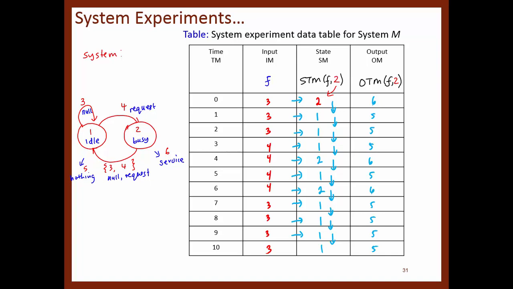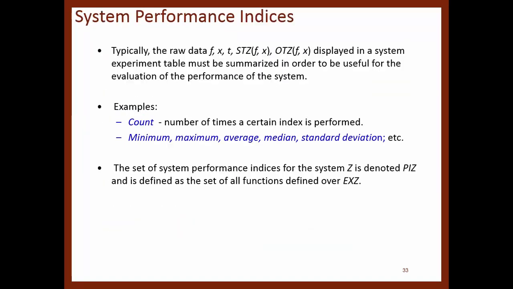So the idea now is, how do we use this for an experiment? How do we use this information? What are we trying to capture here? Typically the raw data displayed in the system experiment table must be summarized in order to be useful for the evaluation of the performance of the system.